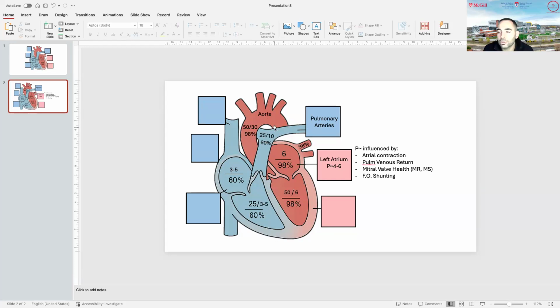So we call this a circular shunt physiology, or some people call it the circle of death. Why? Because if you go like this for a while, you're going to die eventually. The reason you have a favored shunt from right to left is, first of all, high RA pressure, because your right atrium is basically facing torrential flow coming back from the RV. But also your left atrial pressure becomes very low because it is dependent on pulmonary venous return.